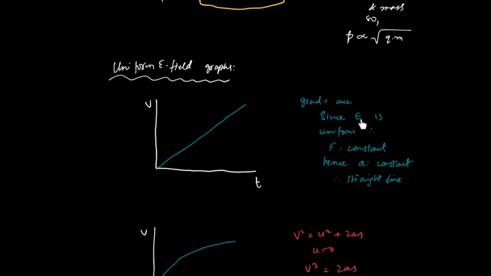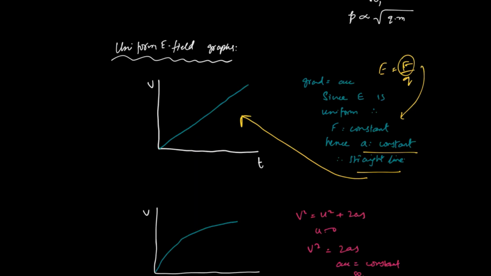Since my electric field strength is uniform, for a constant charge my force is also constant. And when my force is constant, my acceleration should be constant. As a result, I would have a straight line in my velocity time graph, which represents constant acceleration.